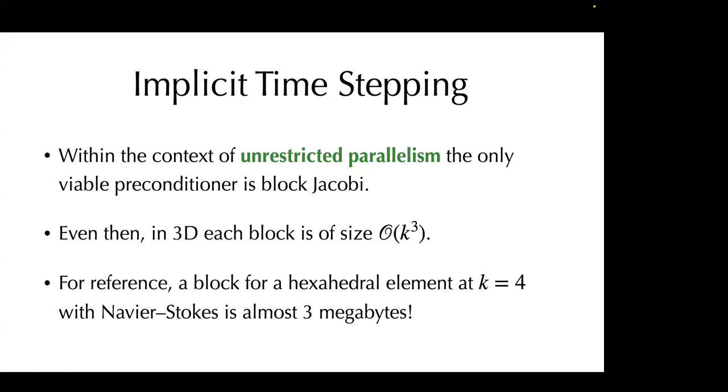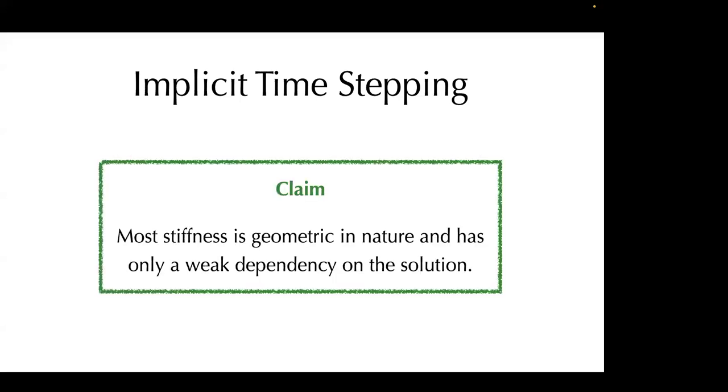And that's just for one element, and every element has their own matrix. So this is bad both in terms of its memory requirements and its memory bandwidth requirements. But with this, I will make a claim that most of the stiffness that we experience in our simulations is geometric in nature and has only a weak dependency on the solution.